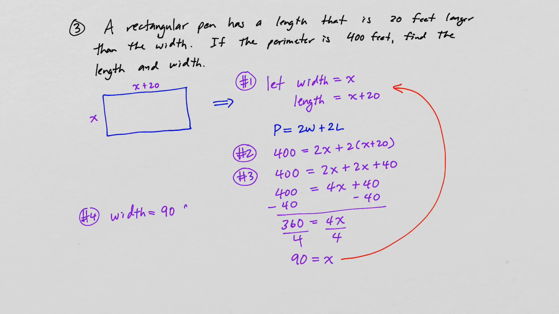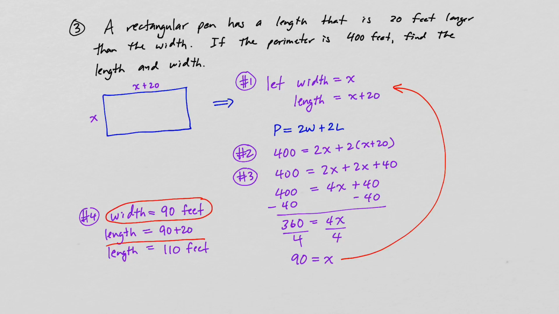Now, don't forget, you should put your units on in the end. So the width is 90 feet. And the length, well, the length is x plus 20. And so that's 90 plus 20, which is 110 feet. And so our final answer is the width is 90 feet, and the length is 110 feet.